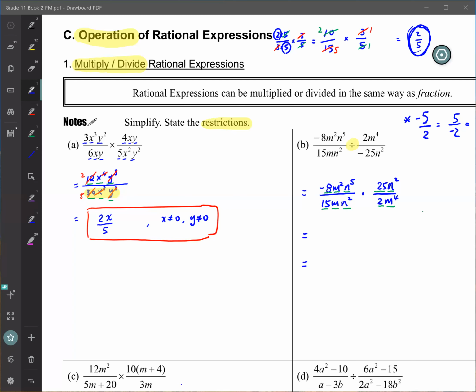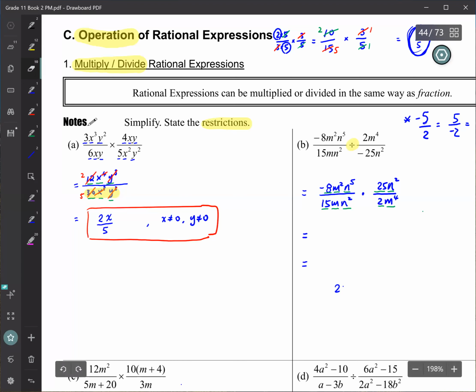Okay, Marcus, what's your final answer look like? Well, I did it like how you did at the top, like simplified it. So I made it negative 2m^4. I changed the 2 to a 1, and I changed the 8 to a -4.